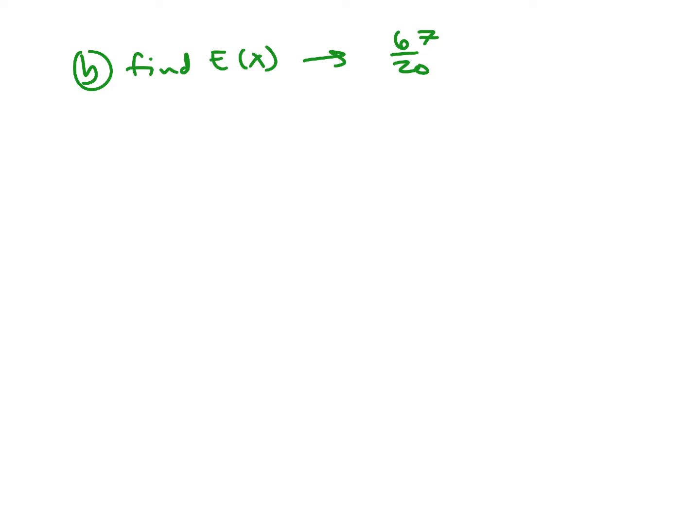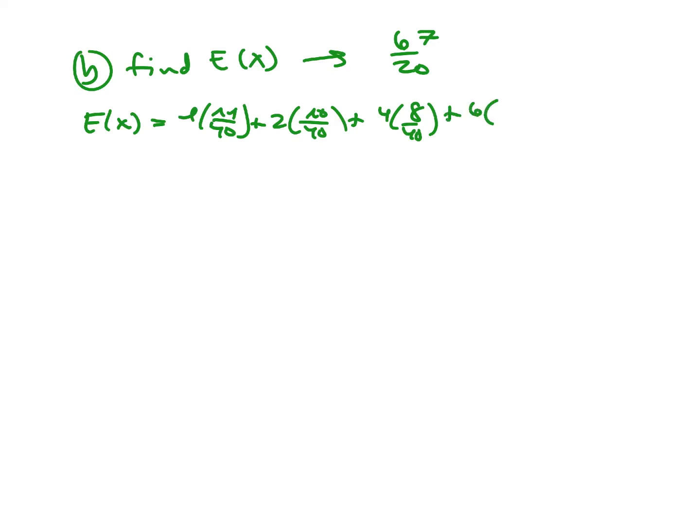So what I did is I reran everything. So I said E of X. 1 times 11 divided by 40, plus 2 times 10/40ths, plus 4 times 8/40ths, plus 6 times 6/40ths, plus 5/40ths.